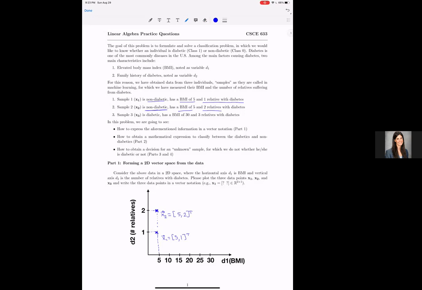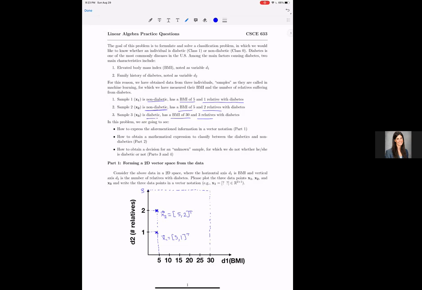Now we're going to the third sample, whose BMI is 30, and this person has 3 relatives with diabetes. So we find point 30, 3.